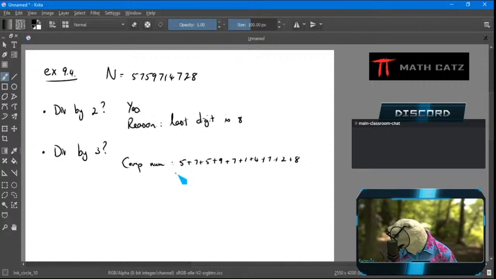Add up the digits. We get 12, 17, 26, 33, 34, 38, 45, 47, it looks like 55, if I did that right. And therefore, it is an unfortunate no, because 3 doesn't divide into 55.